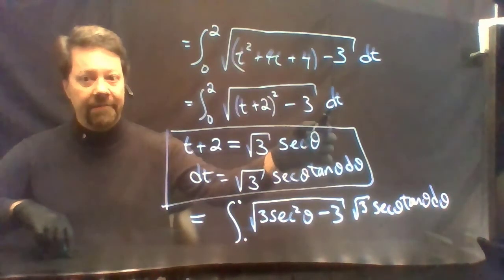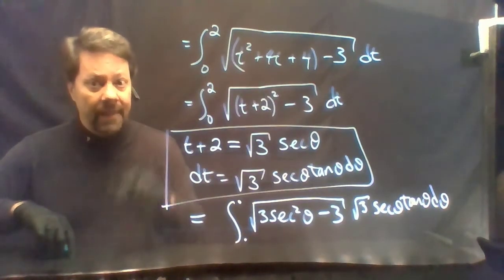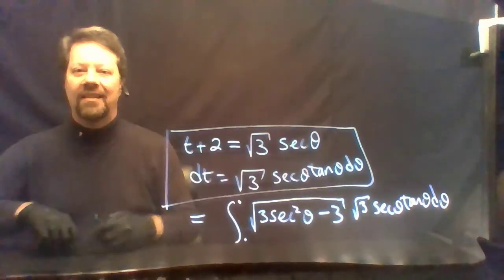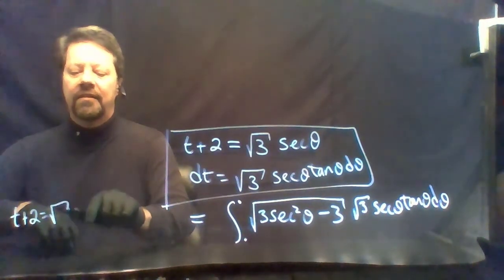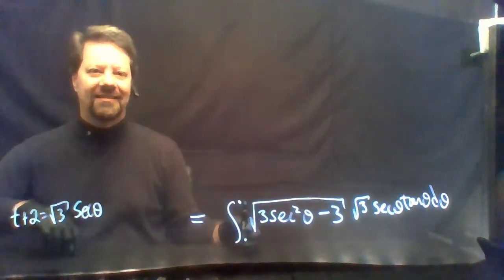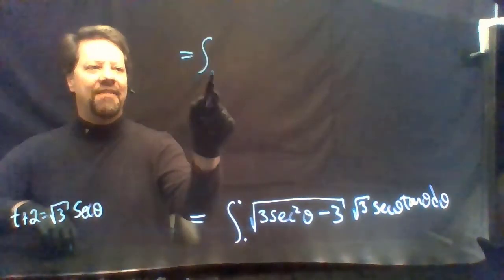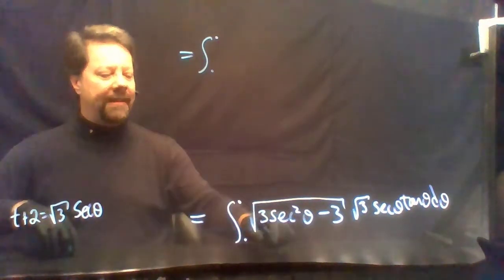This dt is there for a purpose. If you start abusing those differentials, they will abuse you back. I'm going to write our substitution over here for future reference. We have then the integral from dot to dot. The 3 can be factored out here.